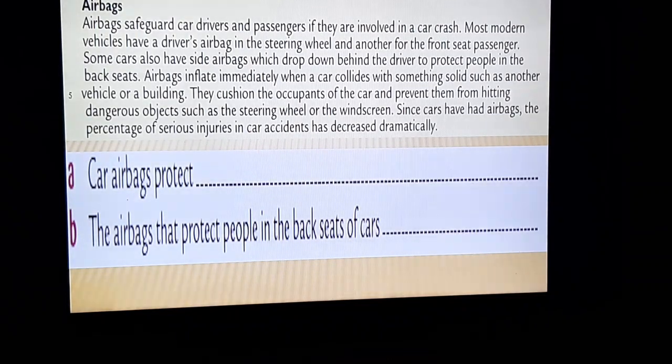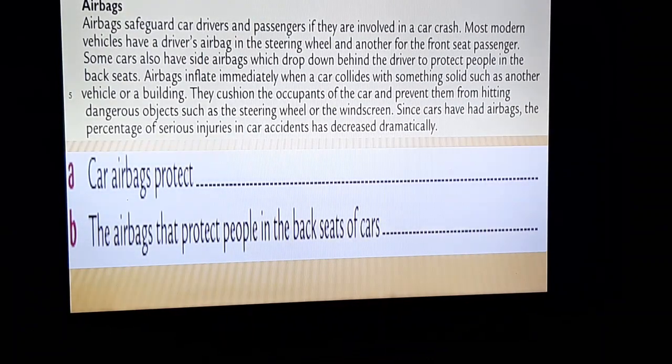Car airbags protect. And he asks us to complete this sentence. We know that protect means safeguard. So the same meaning: airbags safeguard car drivers and passengers if they are involved in a car crash. So we can complete the sentence easily from that passage.